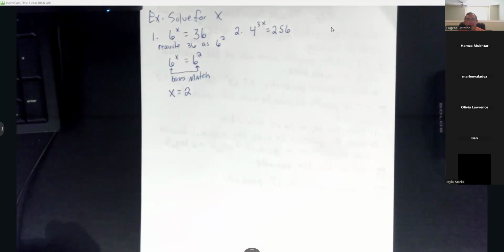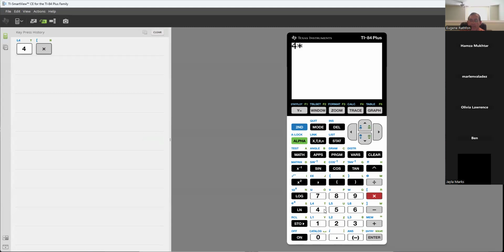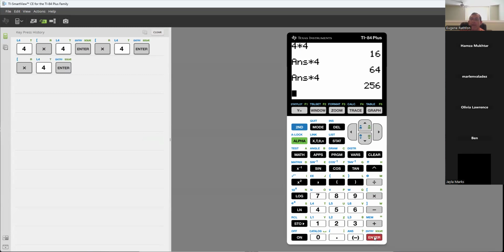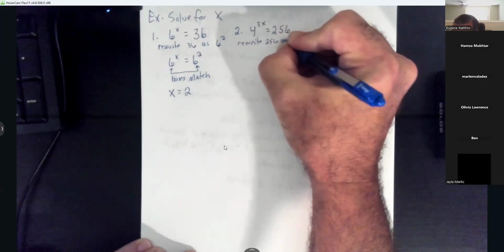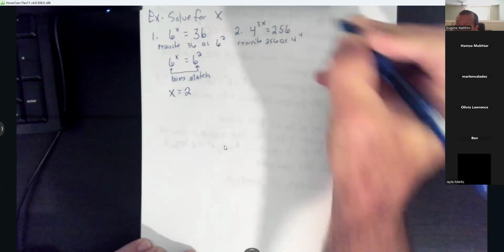I can go to that calculator and let's just start multiplying. 4 times 4 is 16, times 4 equals 64, times 4 equals 256. And that's what I needed, 256. So I had 1, 2, 3, 4 fours. So that means I can rewrite 256 as 4 to the 4th power.